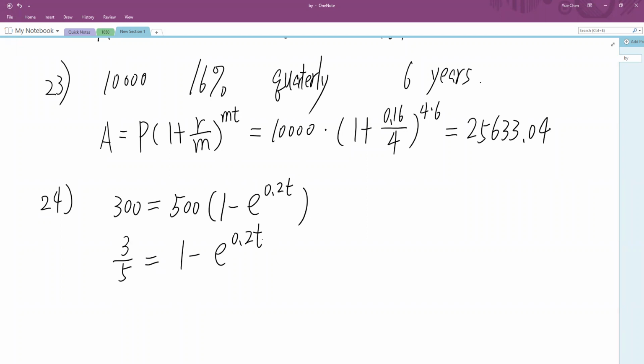No, we need to continue to simplify. e to the negative 0.2t is equal to 1 minus 3 over 5. So you have e to the negative 0.2t equals 2 over 5.